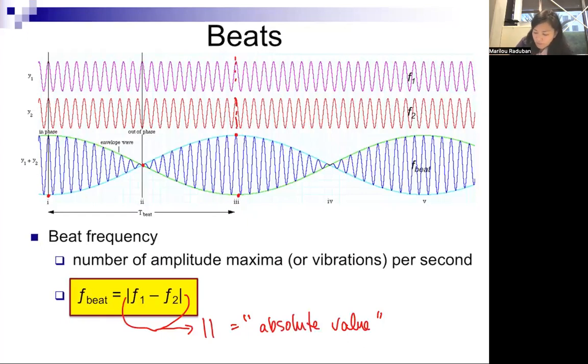Let's say F1 is equal to 8 Hertz and F2 is equal to 10 Hertz. So F1 minus F2 will be equal to negative 2 Hertz. The absolute value symbol means that you should just disregard the negative, and the beat frequency will be equal to positive 2 Hertz. Okay.